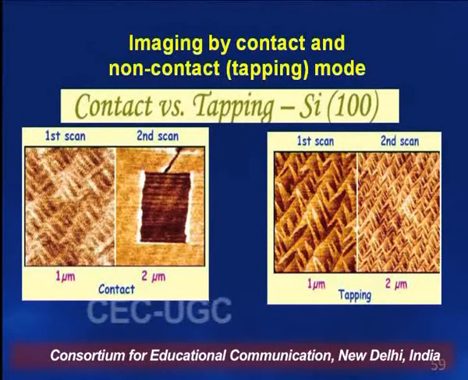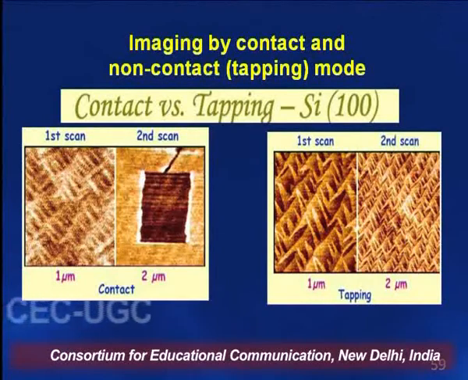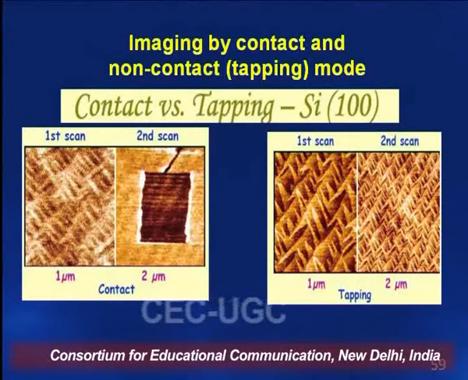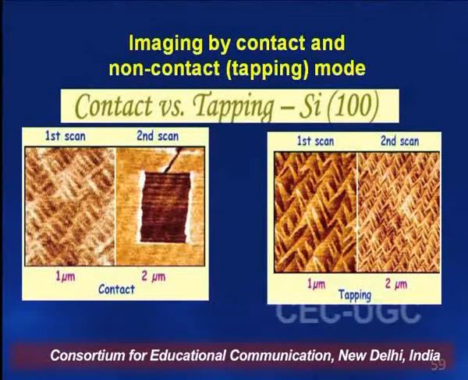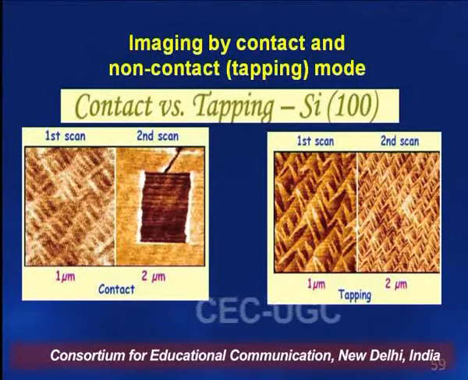On the right hand side the tapping mode is very clear, so we can get good imaging by using the tapping mode. So this is the silicon chip, and we have both the imaging by using the contact mode and the tapping mode. So tapping mode gives good imaging without damaging the surface.